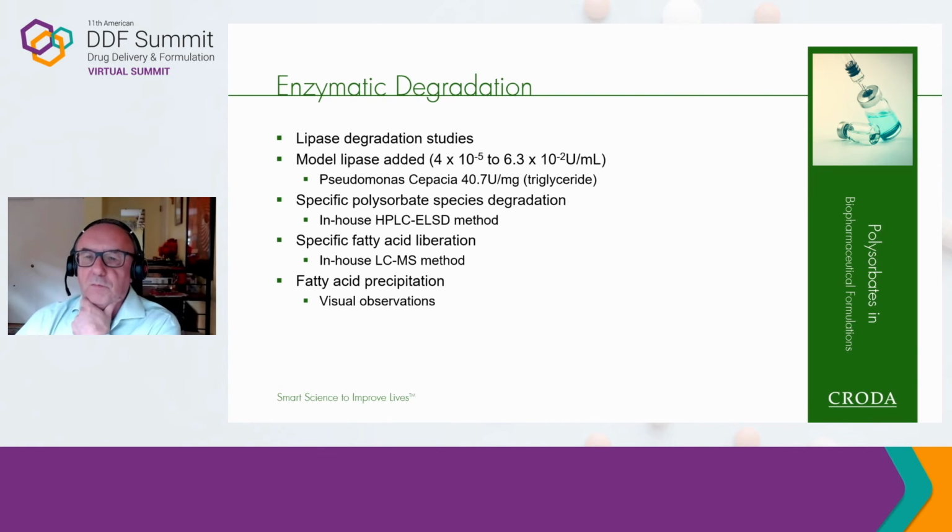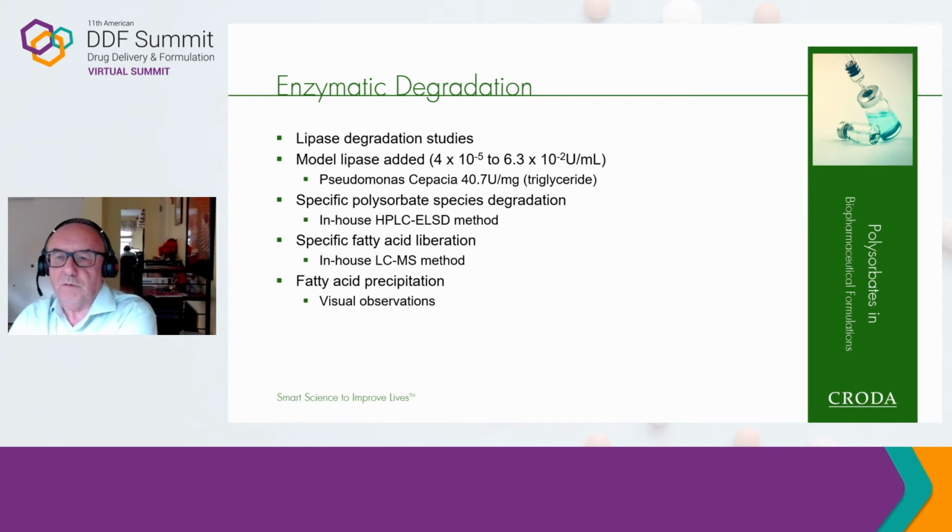We have a standard HPLC ELSD method, which is designed to investigate what happens to each portion of the polysorbate components. The LCMS method uses single ion analysis to actually identify free fatty acids. So we've actually used this technique as well.